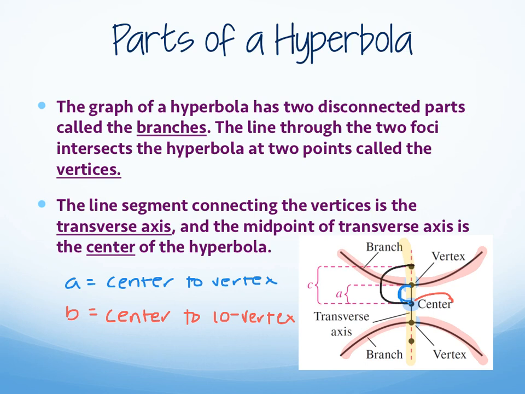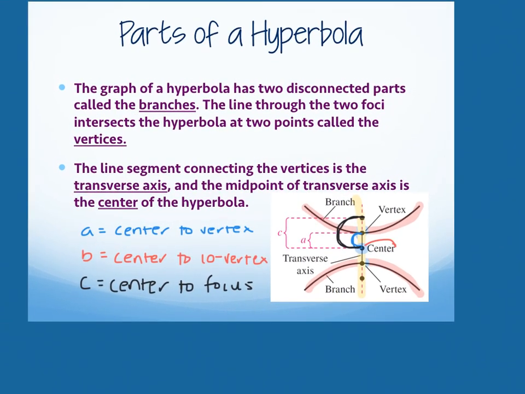And C is the distance from the center to the focus. So exactly the same as the ellipse. A, center to vertex. B, center to co-vertex. C, center to focus. The difference between the hyperbola and the ellipse is that for the ellipse, c squared equals a squared minus b squared. For a hyperbola, c squared equals a squared plus b squared.